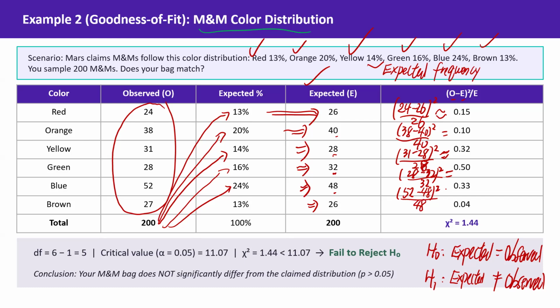That's 1 over 3, right? 1/3 is approximately 0.33. And the last calculation is going to be 27 minus 26, square that, over 26. So it's 1 squared over 26, so 1 over 26, approximately equal to 0.04. And then we sum up all these numbers, and it turned out the chi-square is 1.44. So this is the test statistic, chi-square.